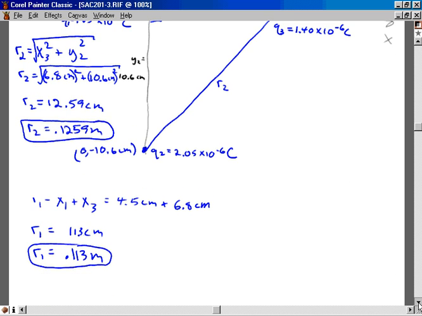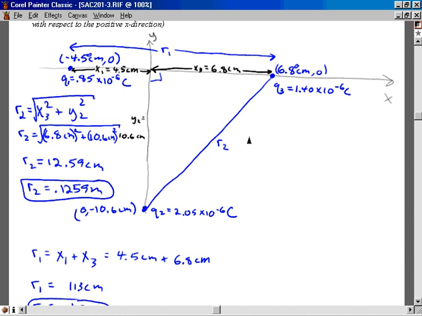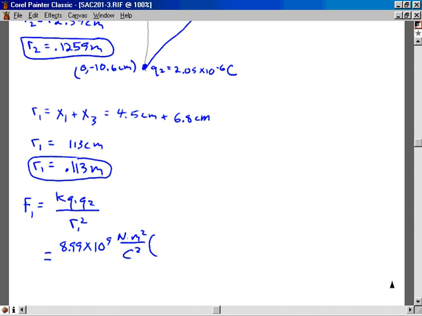Let's call it F1, and it's going to be K Q1 Q2 all divided by R1 squared, and that's 8.99 times 10 to the 9th newton meter squared per coulomb squared times Q1, which is 0.85 times 10 to the minus 6 coulombs.